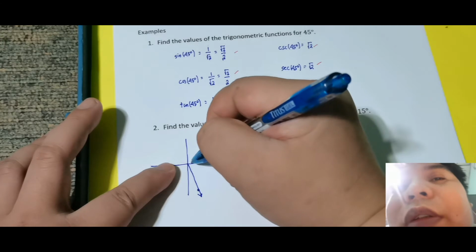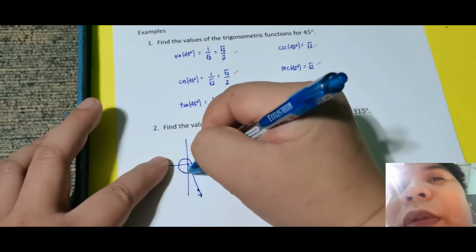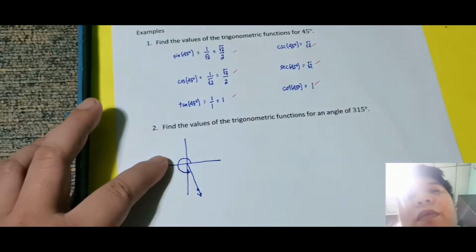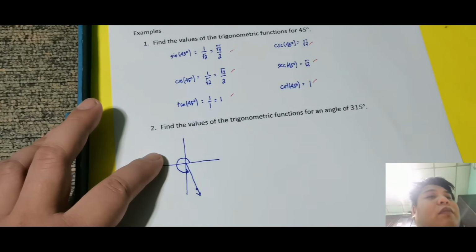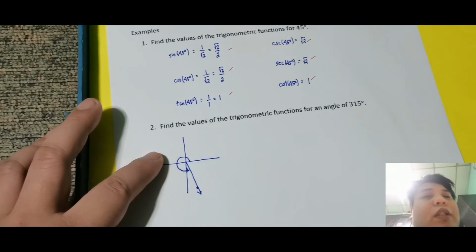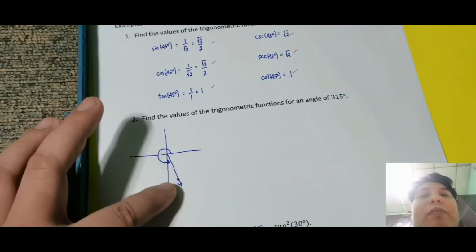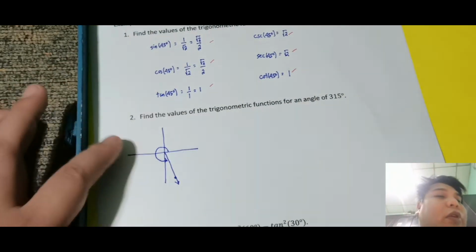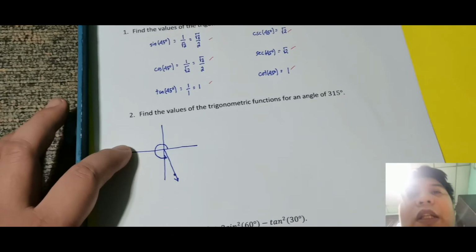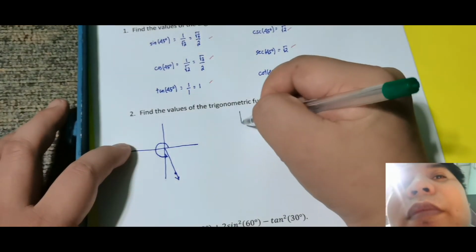Okay, so pag pinaikot, wag ganyan, dapat pantay na pantay. Hindi masyadong gitna yan. Dapat kasi gitna kasi 45 degrees yan eh. Okay, so wag natin consider yan, ito na lang.